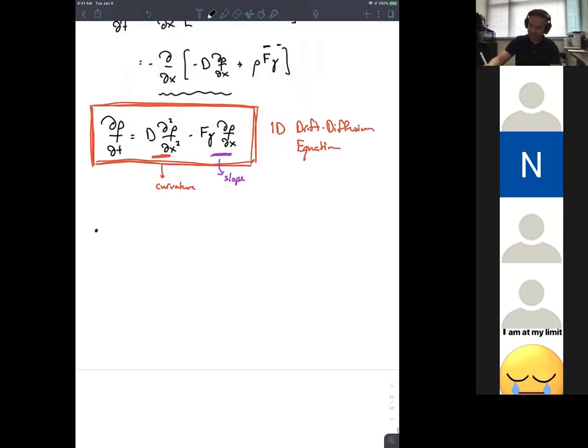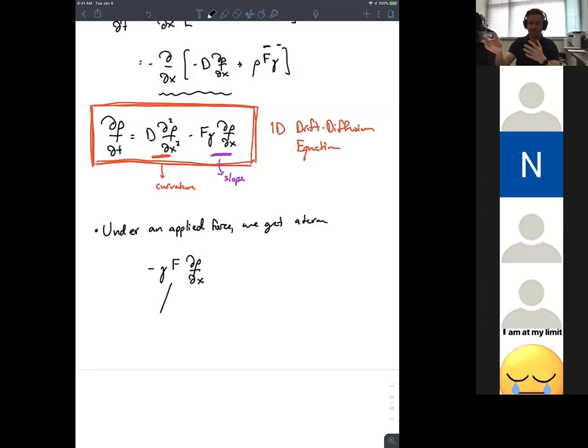Under an applied external force, we get this additional term, which looks like minus gamma F dρ/dx. Let's assume that our force is in the positive direction.